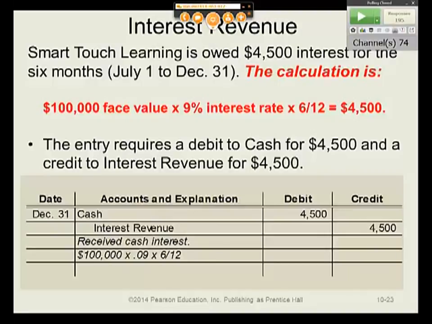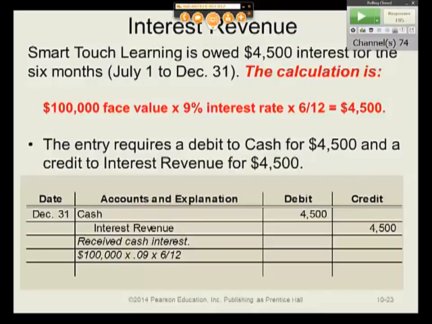Talking to some people during office hours, the confusion was that without the cash payment, you wouldn't get the interest. That's not true. Even though you didn't get the cash, you still have the interest earned. That's an accrued revenue, so you'd debit interest receivable and credit interest revenue.